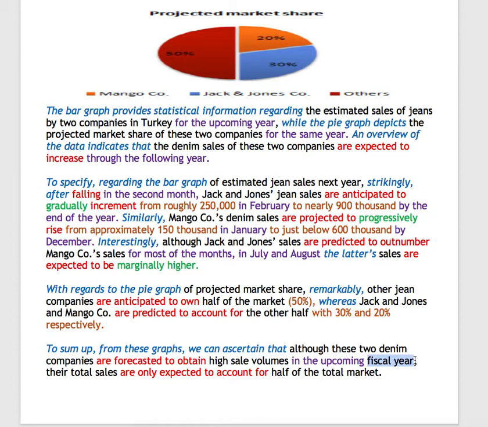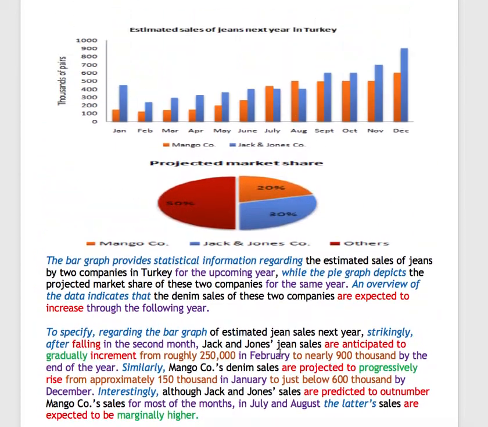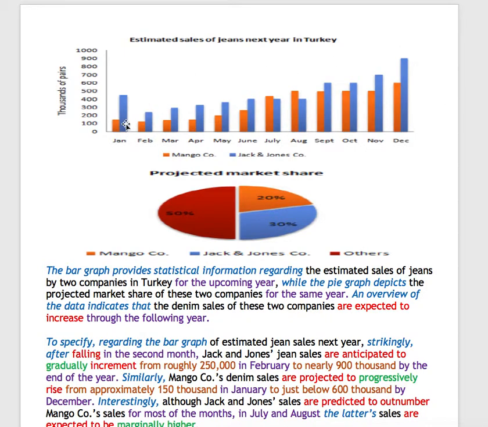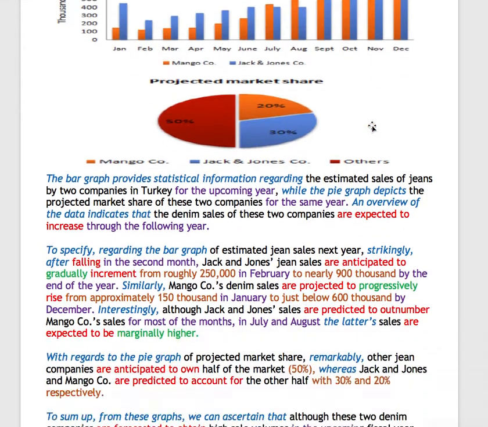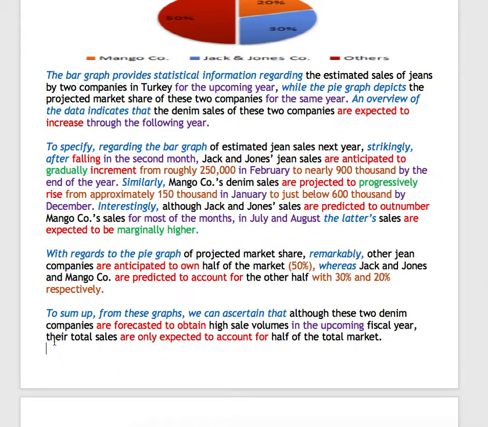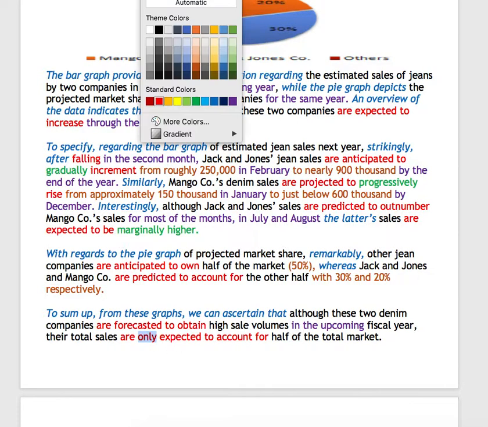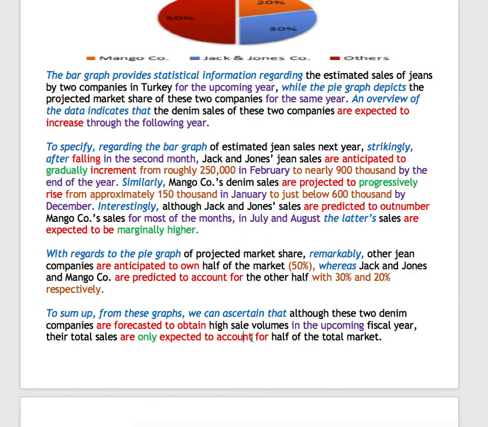Upcoming fiscal year is what we say for business terms, fiscal year. So although they're going to have high sales, you see it says, this is kind of what it's showing, that their sales are increasing and they're high. Their total sales are only expected to account for, so only expected to, yes, half of the total market.